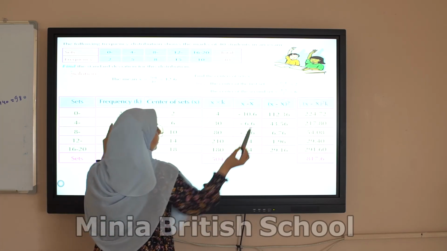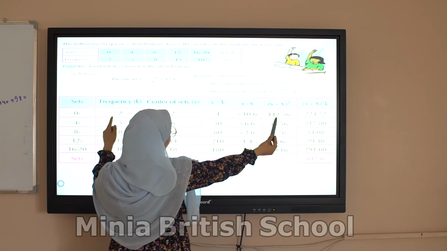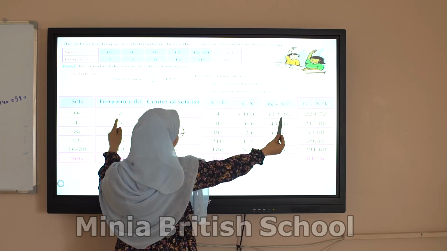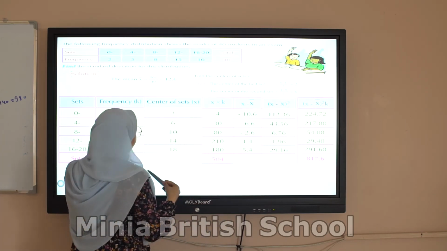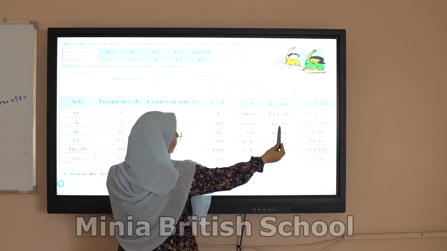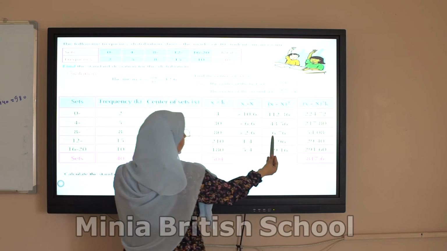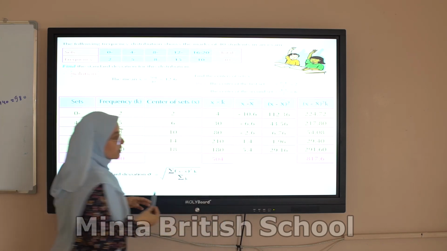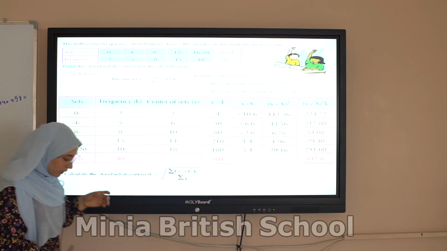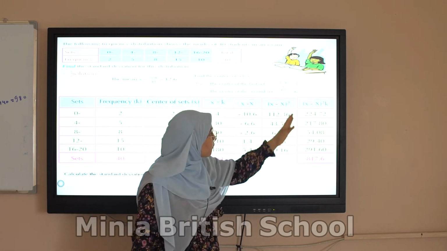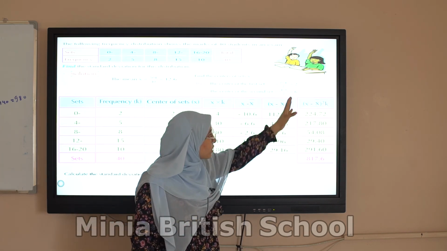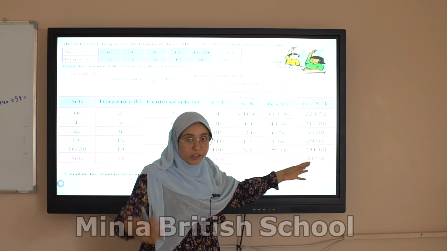So here 2 times 112.36 equals this number, 5 times 43.56 equals this number. Also 8 times 6.76 equals this idea. Okay, and complete the remainder of the column by the same idea.